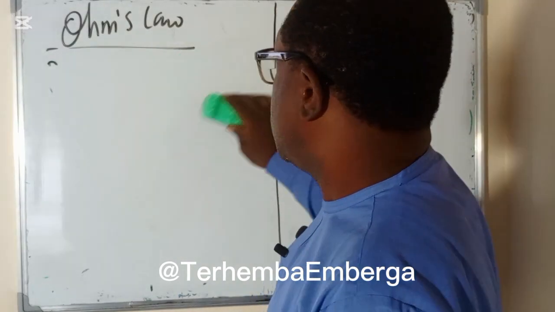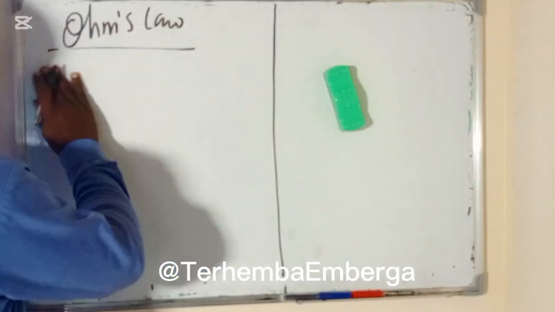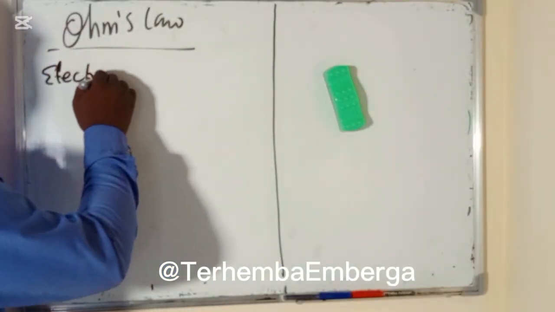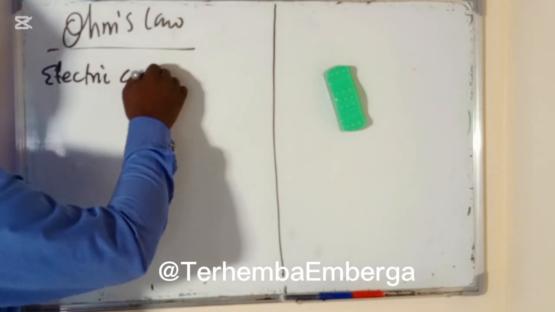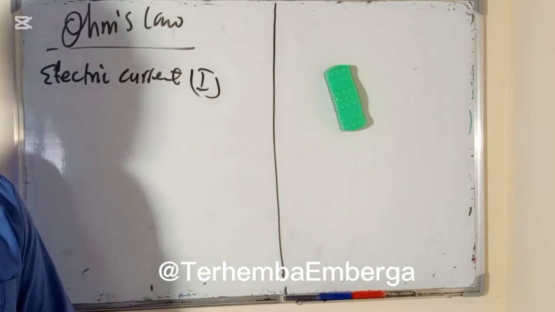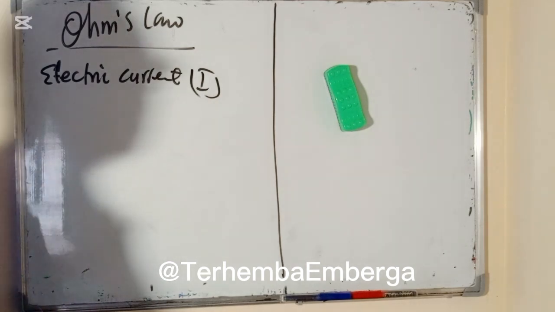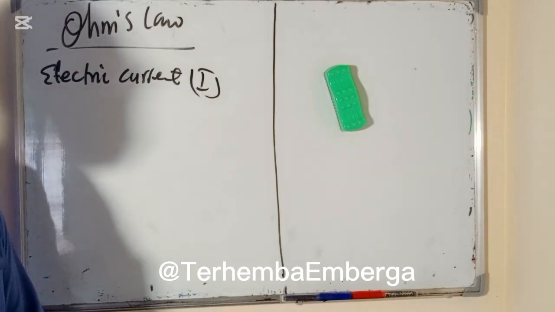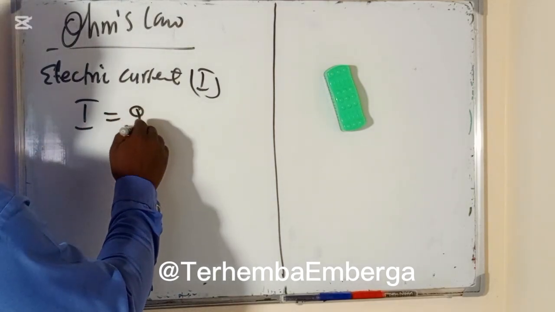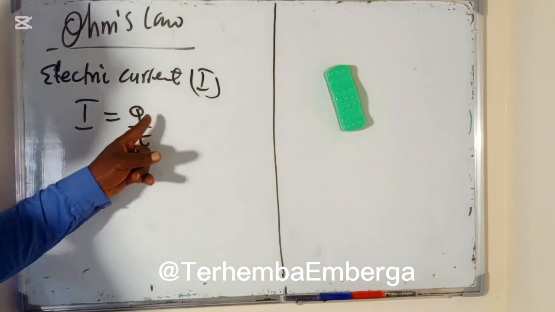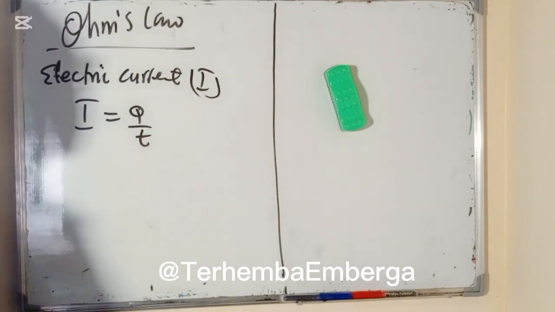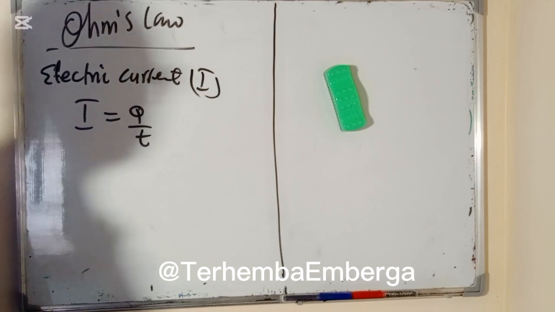Ohm's law. And what is electric current? Electric current, I, is the rate at which electrons move around the circuit. You can say that current is equal to Q over T, where Q stands for the charge in coulomb and T is time in second.